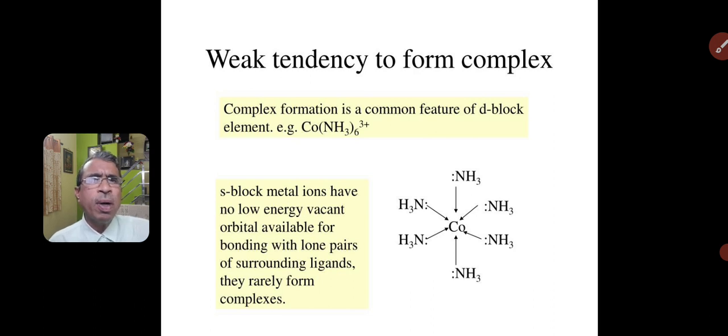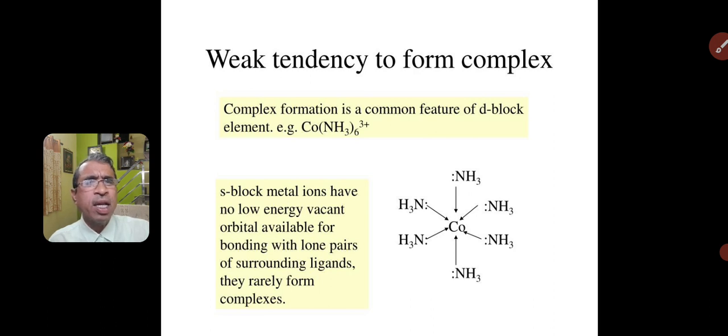This slide shows the weak tendency to form complexes. Complex formation is a common feature of the D block elements. However, you don't find this in S block elements. S block metal ions have no low energy vacant orbitals available for bonding with lone pairs of surrounding ligands.